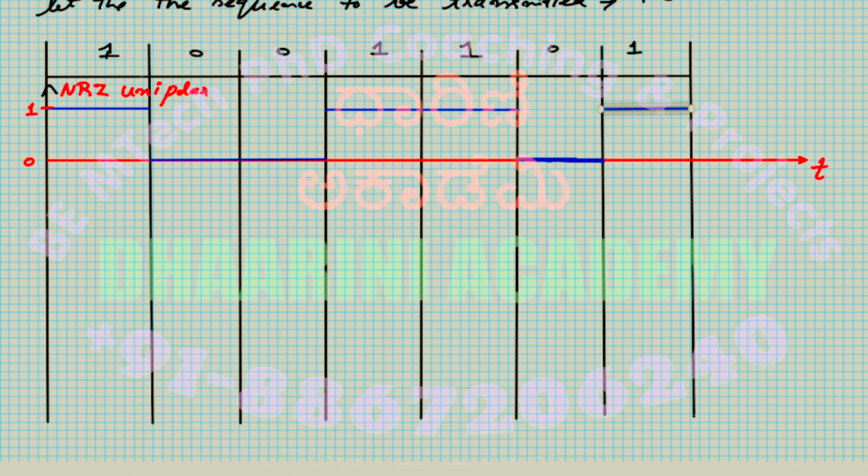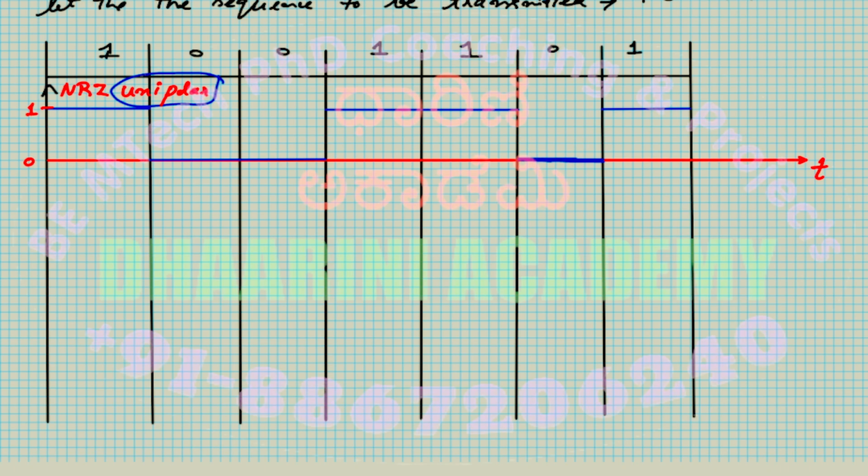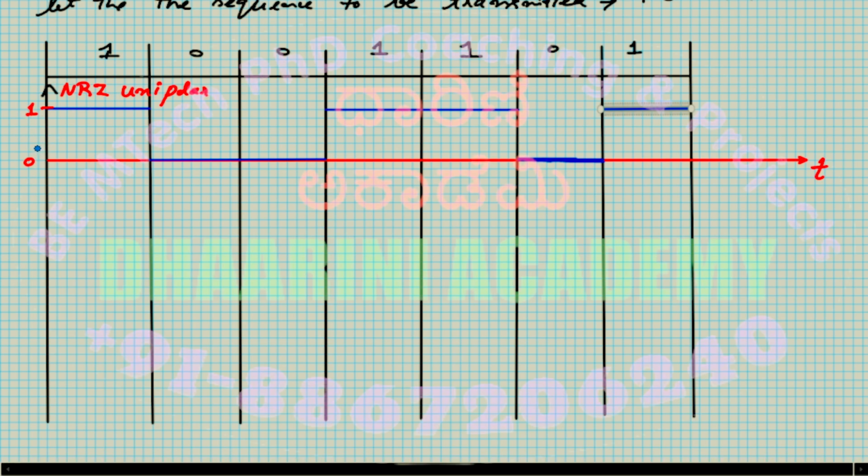Wherever you see NRZ, that indicates that whenever the signal is high, it is never coming to zero during the pulse duration. That is the first thing. Second thing, the name says that it is unipolar. Polarity is only one, indicating that zero has no polarity.